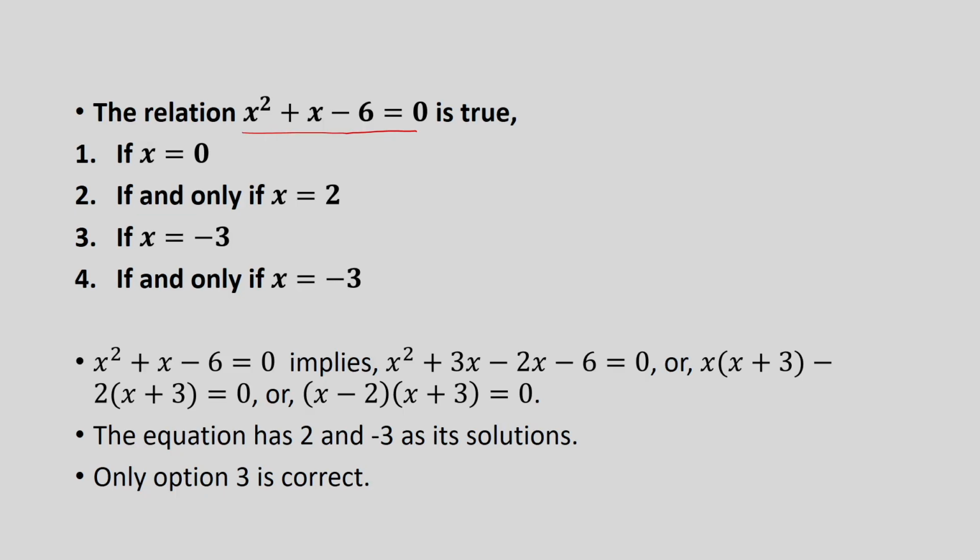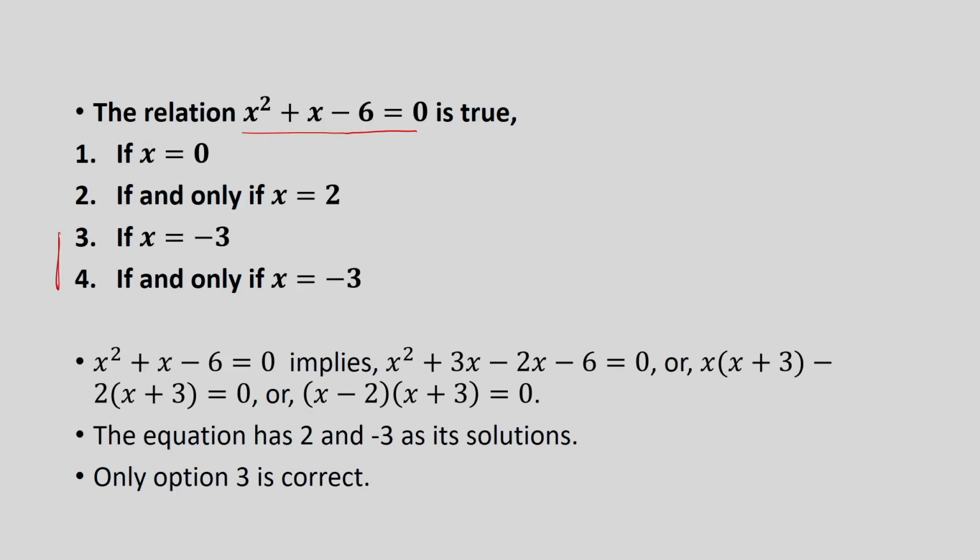Notice there is a difference between the third option and the fourth option. The third option is saying if x is equal to minus 3, and the fourth option is saying if and only if x is equal to minus 3.